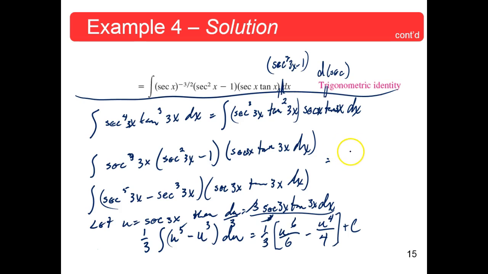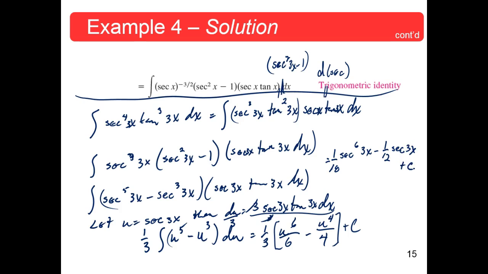That would be 1/18 secant to the 6th 3x minus 1/12 secant to the 4th 3x plus c.